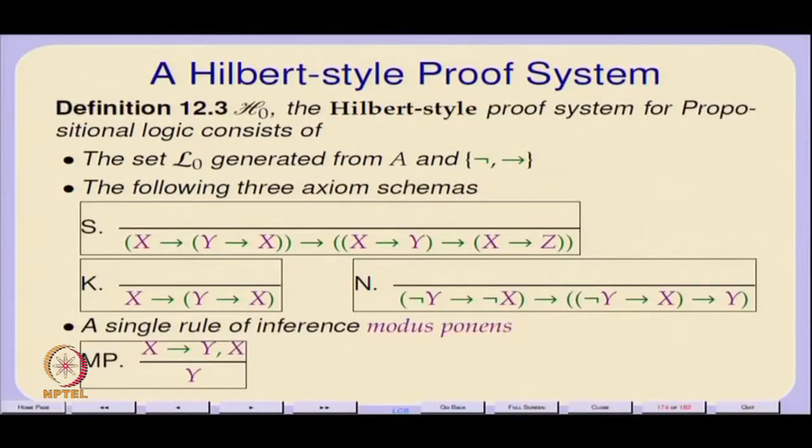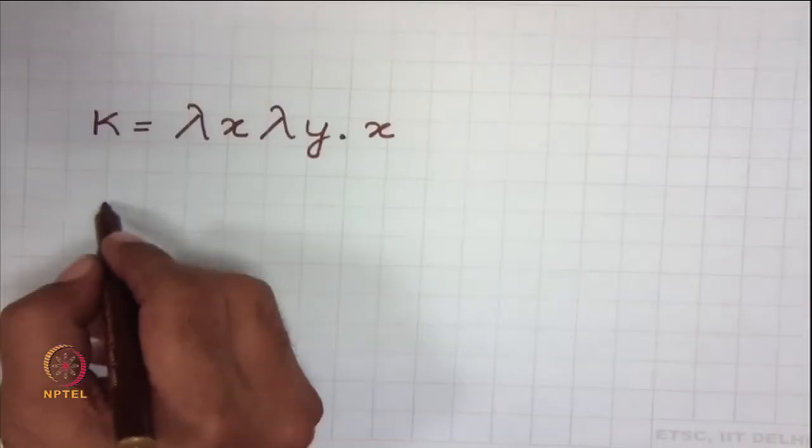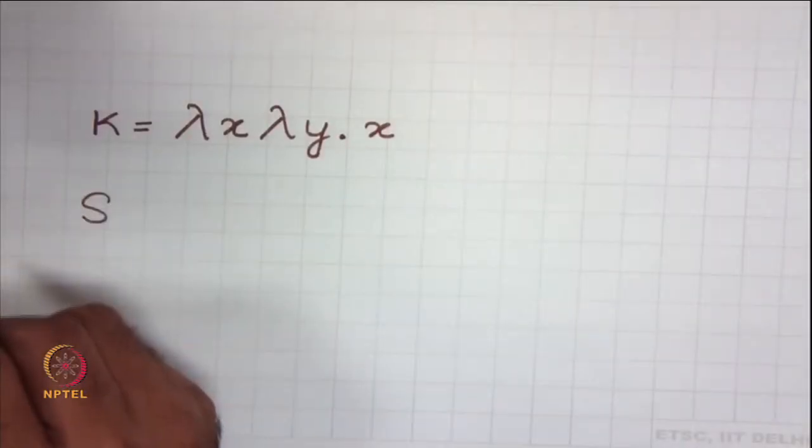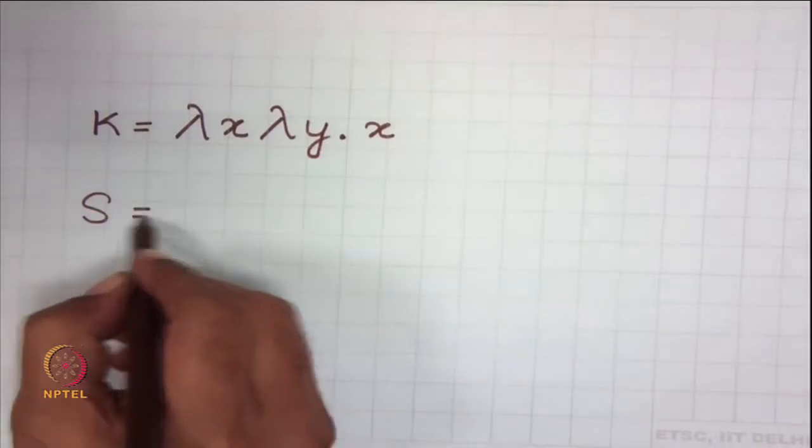You have done some. So, this is the combinator K, right, and there is also a combinator S, right.